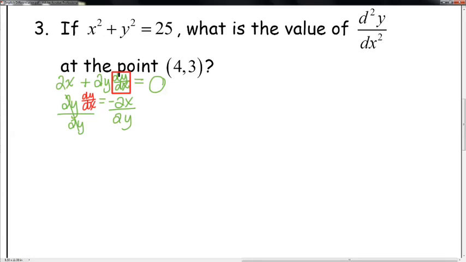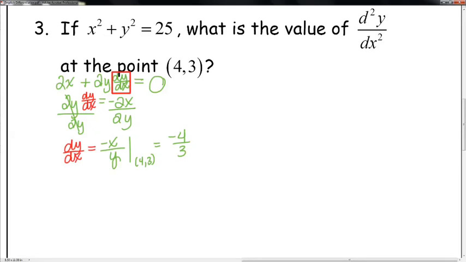These will cancel, and so I have dy/dx is equal to negative 2 over positive 2, which gives me negative x over positive y. If I was going to plug in to get the actual numerical value, x is 4, y is 3, so evaluating at the point (4, 3), this would be equal to negative 4 over 3.